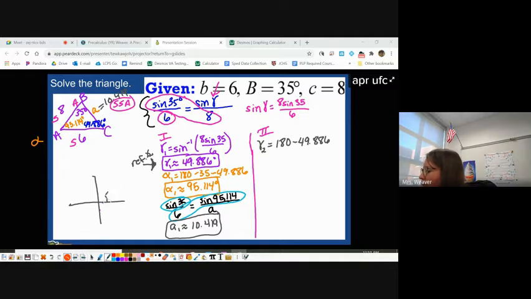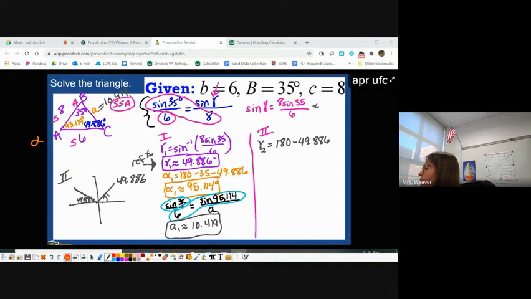So sine inverse gave us a quadrant 1 option at 49.886. There is another angle that will have that same sine value. Remember, in quadrant 1, your sine is positive. In quadrant 2, your sine is positive as well. And if it has that same reference angle, 49.886, it's going to have the same trig value.